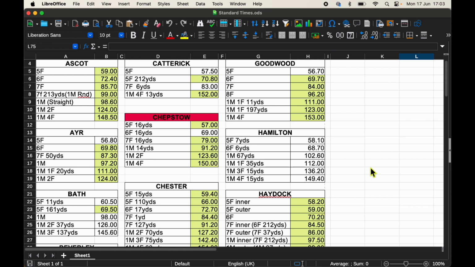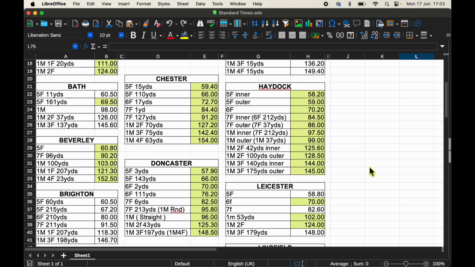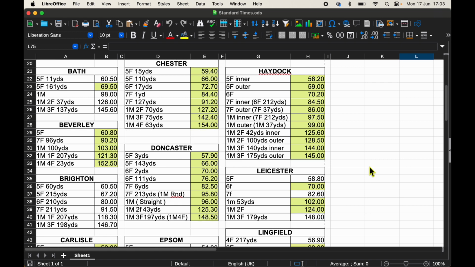I've given you the 5 and 6 furlong one, but now you need to do the others. Do a screenshot, do whatever you've got to do.